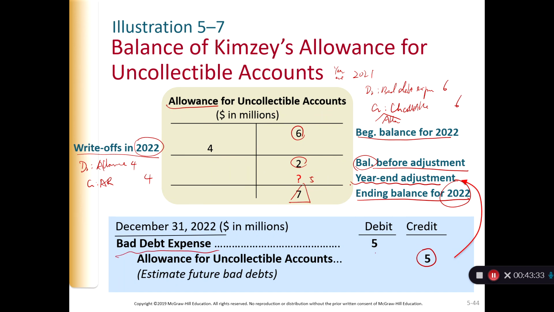Because the aging method is talking about what the ending balance should be. We only want to see 7 million in the allowance account as the ending balance. Hence, we need to back out how much adjustment we should make during 2022.